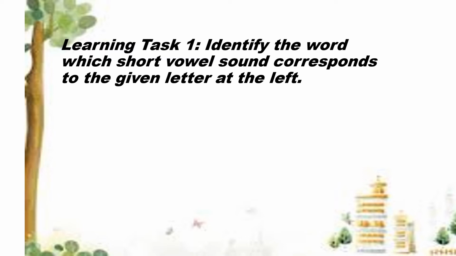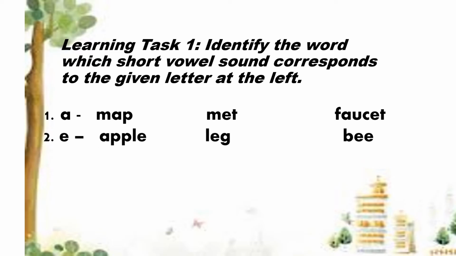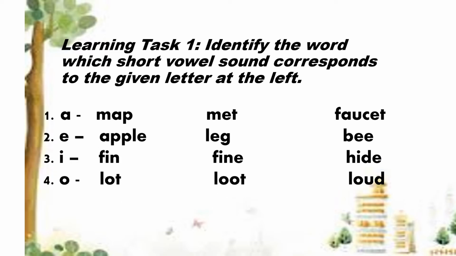In task 1, identify the word which short vowel sound corresponds to the given letter at the left. Number 1, number 2, number 3, number 4, and number 5. Okay, number 1, a.